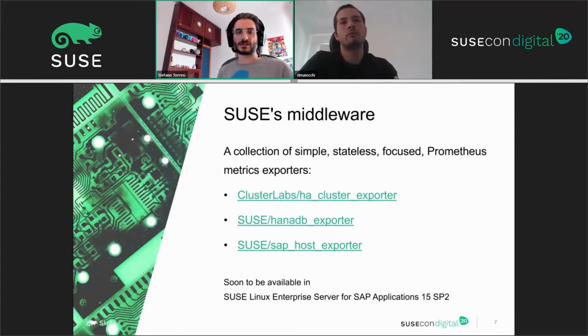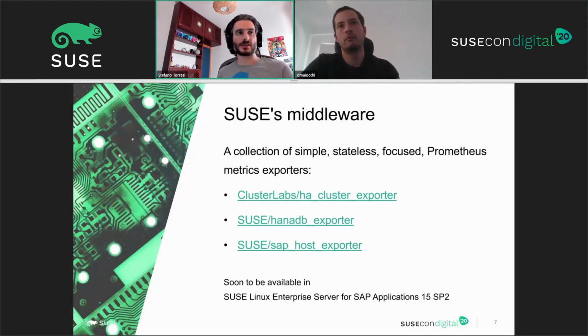So all that regards the high availability stack, which has to be installed in each of the nodes of the highly available cluster. Then we have 2 exporters specialized for the SAP applications. One is the HANA-DB exporter, which was made first, and it's slightly different from the other 2.